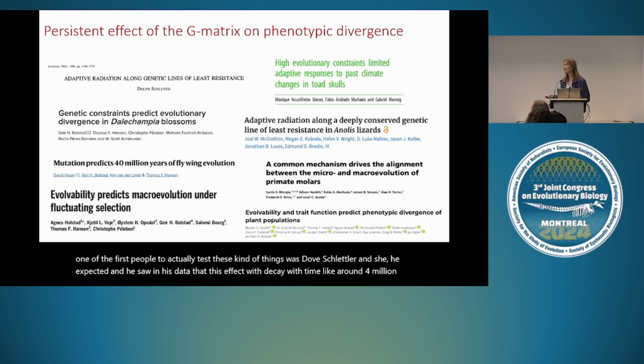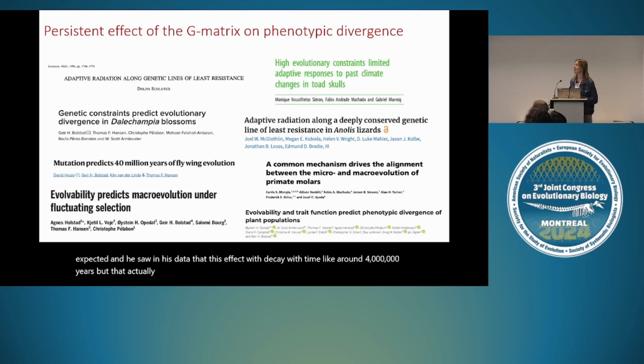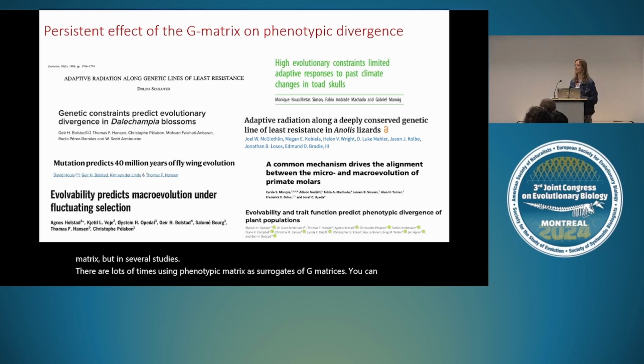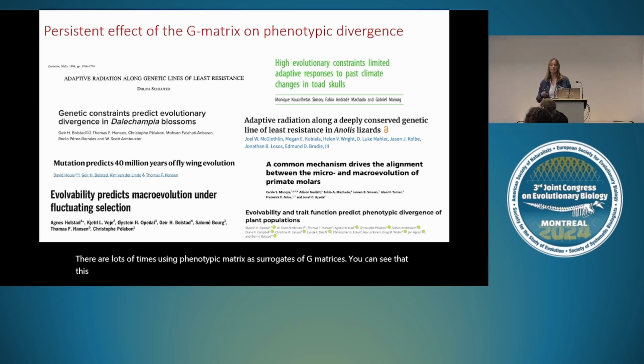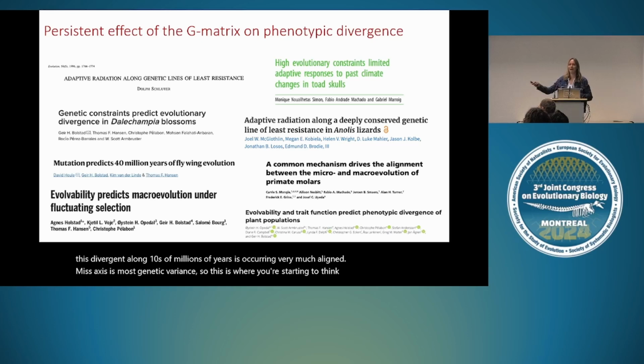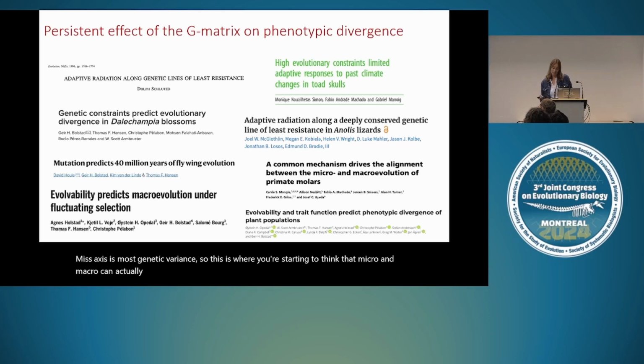But that actually has not been found in several studies, lots of times using phenotypic matrices as surrogates of G matrices. You can see that this divergence along tens of millions of years is occurring very much aligned with the axes of most genetic variance. So this is where you start to think that micro and macro can actually be connected, right?